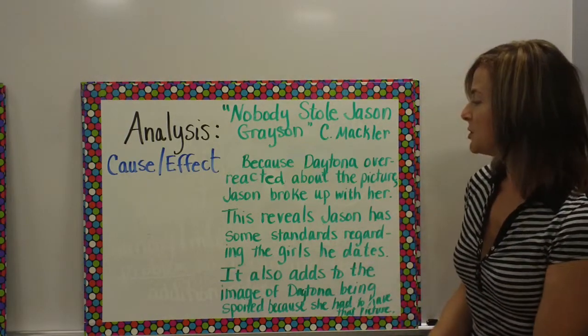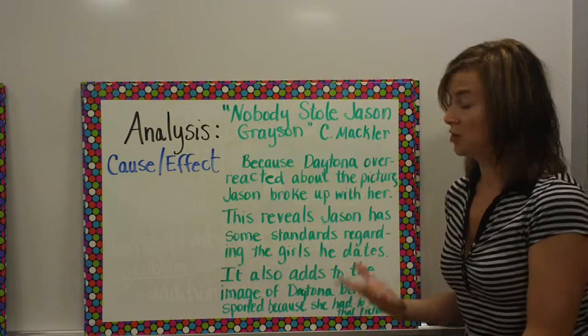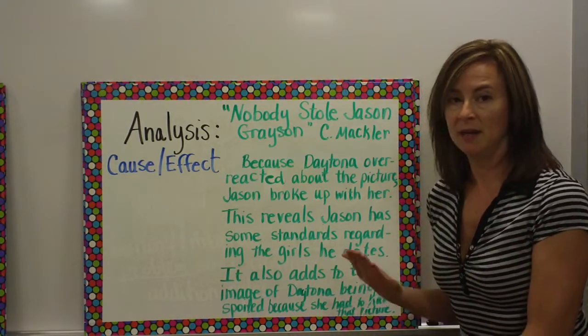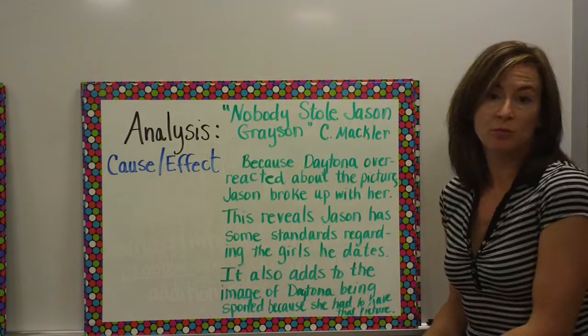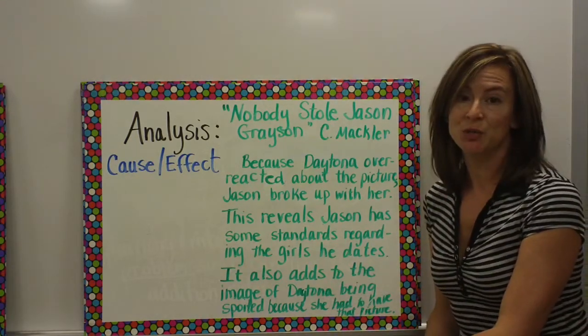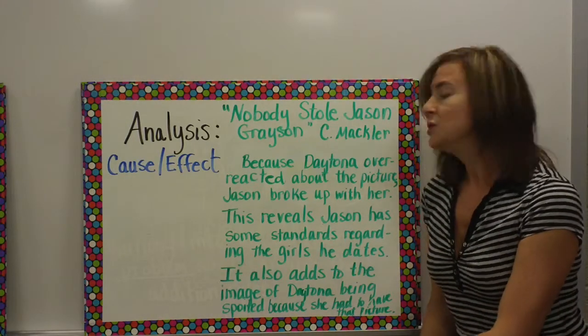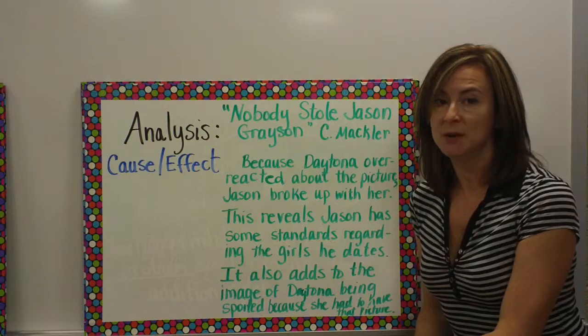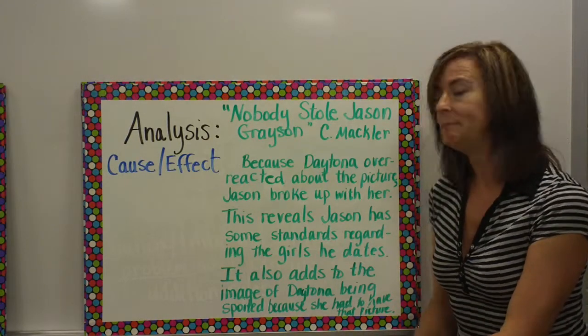That also shows us how Jason, as a character, is revealed. It gives us insight as to what he won't put up with. It also gives us insight into Daytona as a character, validating our thought that she was kind of a snobby, spoiled brat.